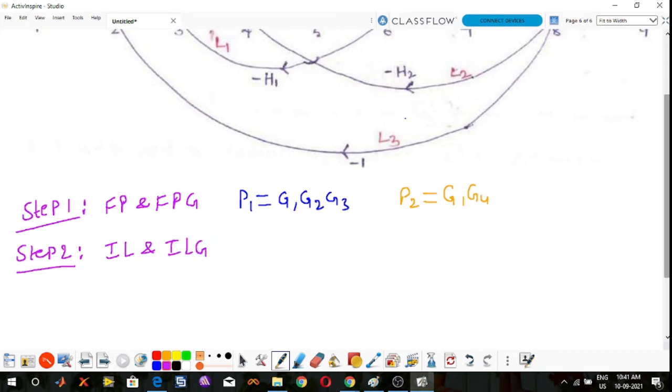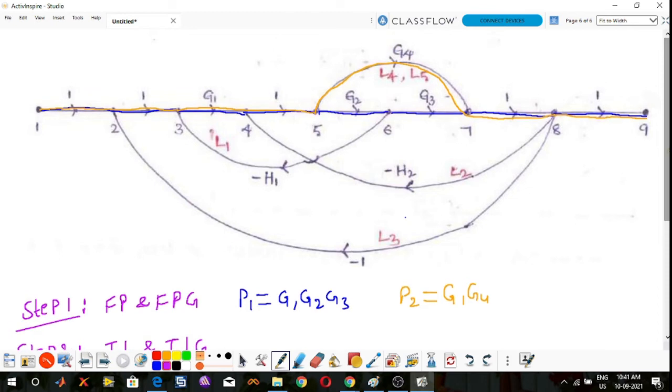In this signal flow graph, first identify the individual loops. 3 to 4, 4 to 5, 5 to 6, 6 to 3.